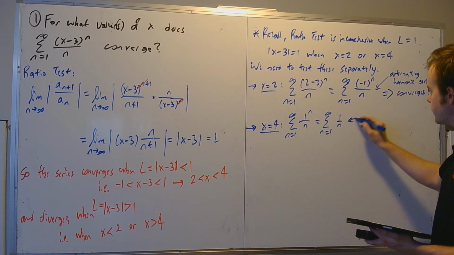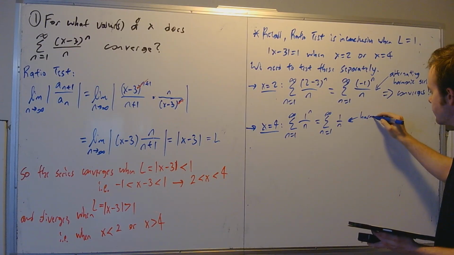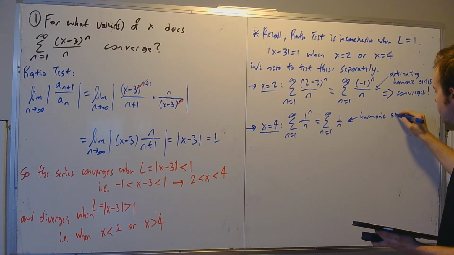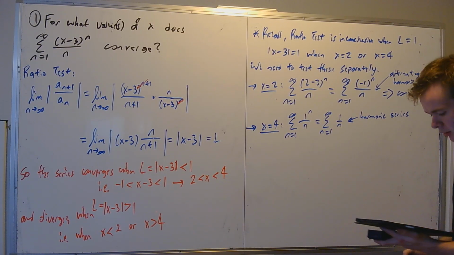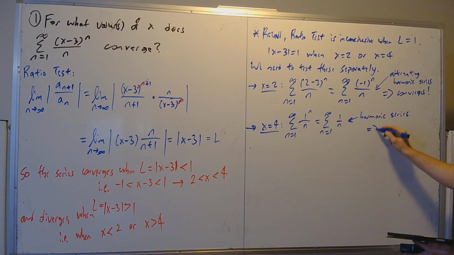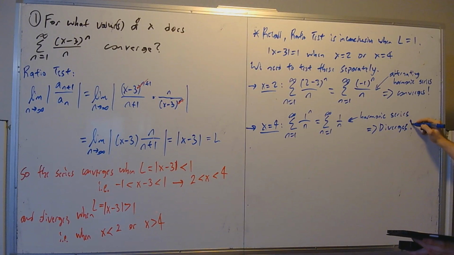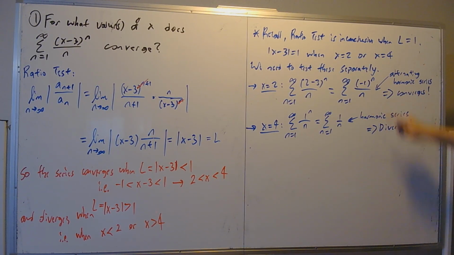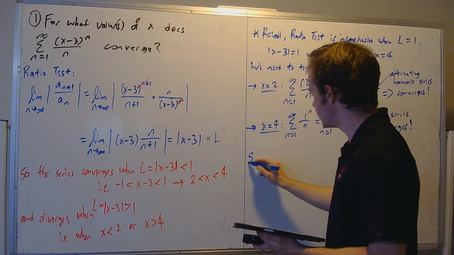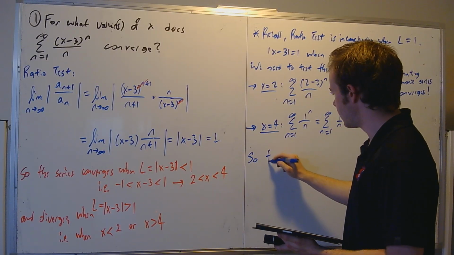But notice here that this is the harmonic series, and we already said that this one diverges. Okay, so we know that it's going to diverge when x equals 4, and it's going to converge when x is equal to 2.